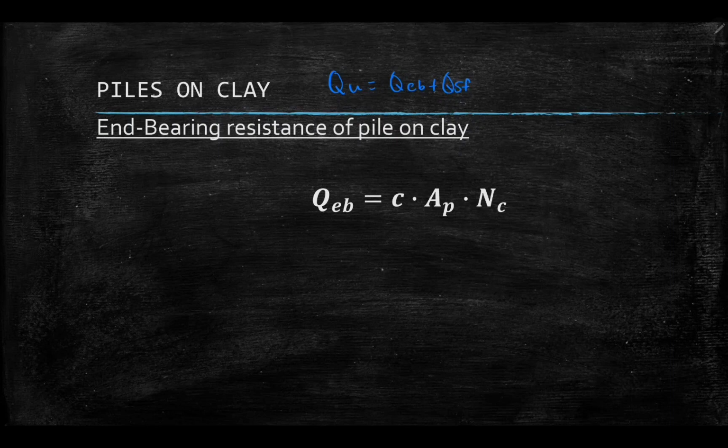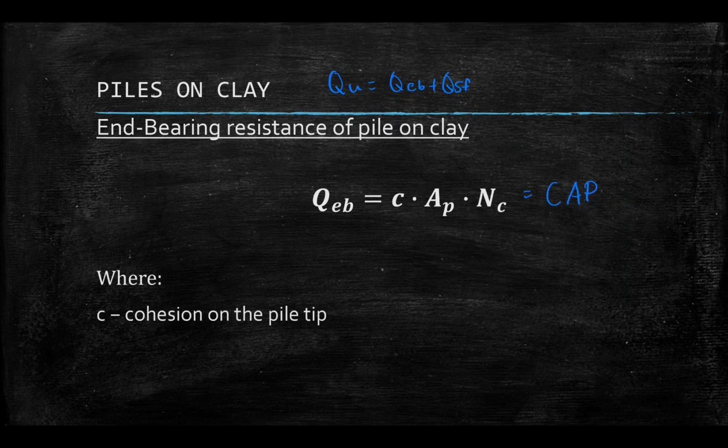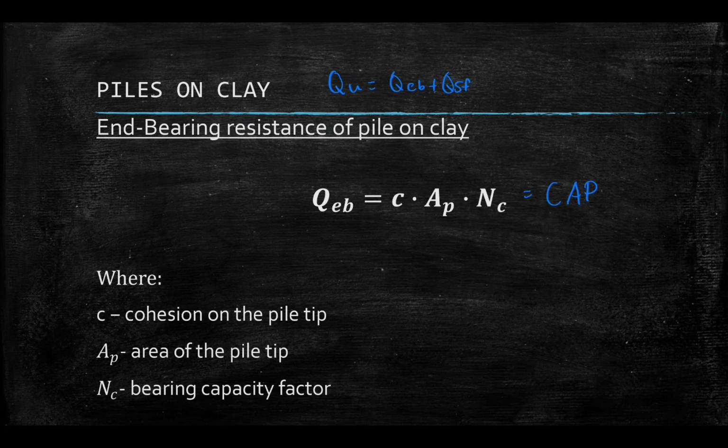So, end bearing capacity resistance of pile on clay, it is given by this equation, C times AP times NC. So, again, kapag gumawa kayo ng mnemonics, cup na lang yan. Para mapadali kayo. Where C is the cohesion of the pile tip, A is the area of the pile tip, NC is the bearing capacity factor.